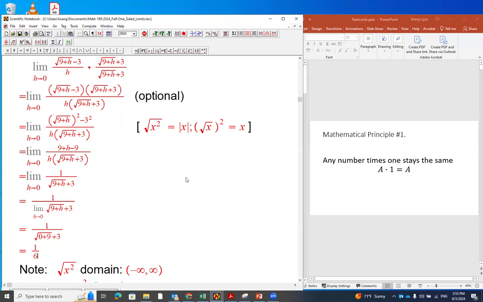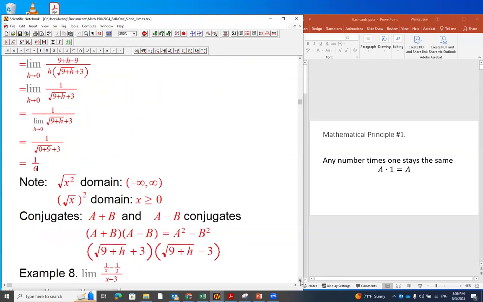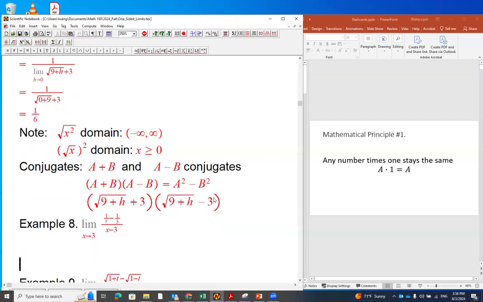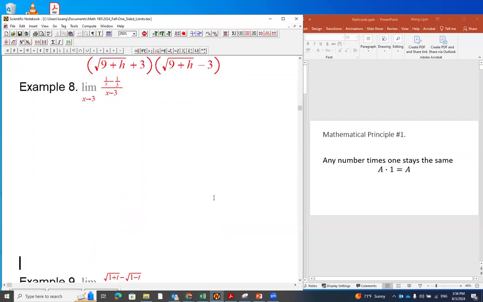That's the end of the question. So you can see in this question, we also take the opportunity to review some key concepts in algebra. Okay, so let's do one more, and then we're going to stop and continue on the other one.